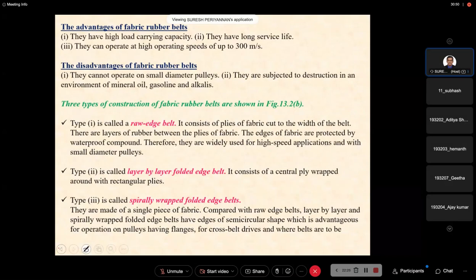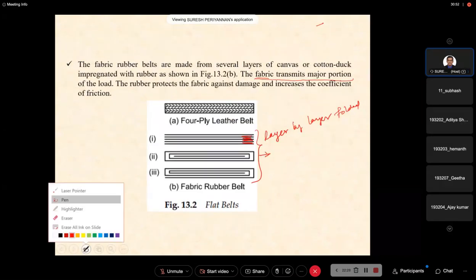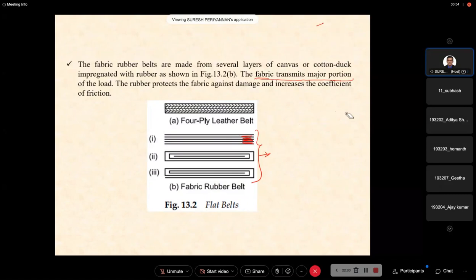This is the raw edge belt. And this is the layer by layer folded edge belt.